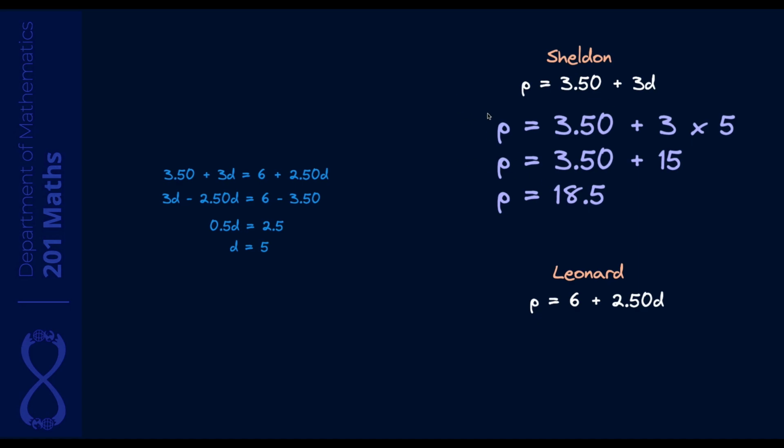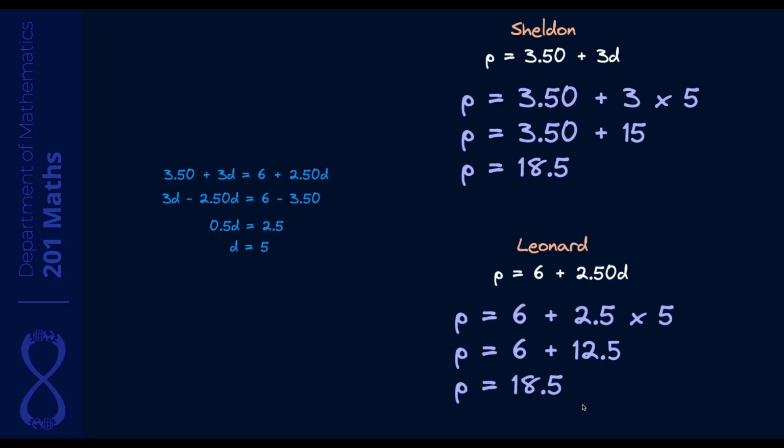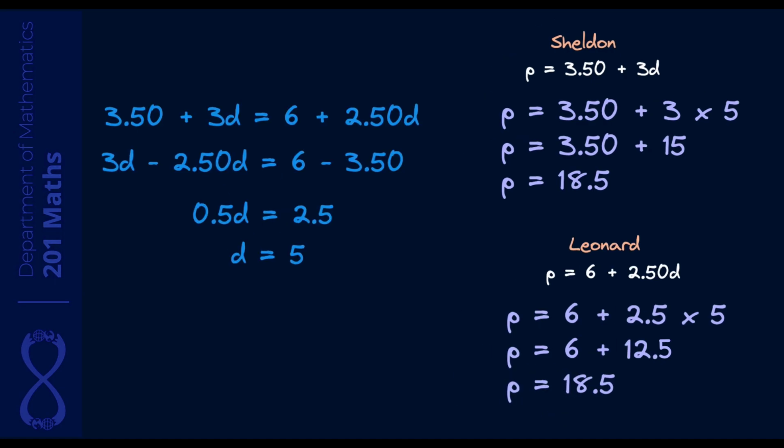So at this point, if we want to figure out the price, we're done. No need to do it with Leonard, since we know it will give us the same price. But since it is our first time, let's do it to show that it is indeed the case. And indeed, his price for a 5-mile ride is also $18.50.